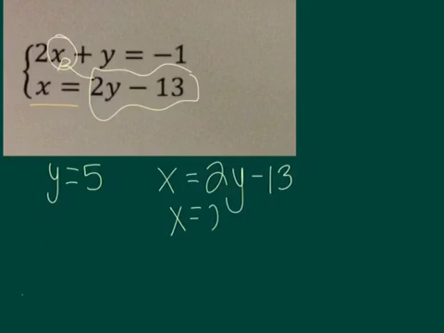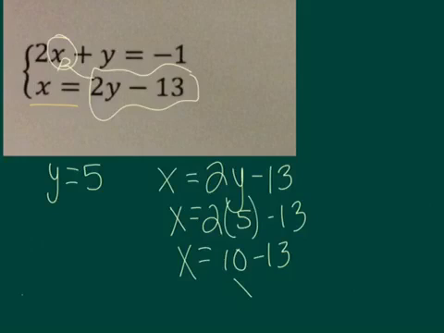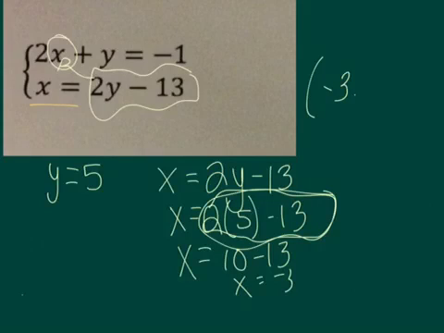So I have x equals 2, what was y? What am I putting there? Times 5 minus 13. 2 times 5 is 10 minus 13, which is negative 3. Now at this point you could have typed this 2 times 5 minus 13 into the calculator just like that. The answer is negative 3, 5.